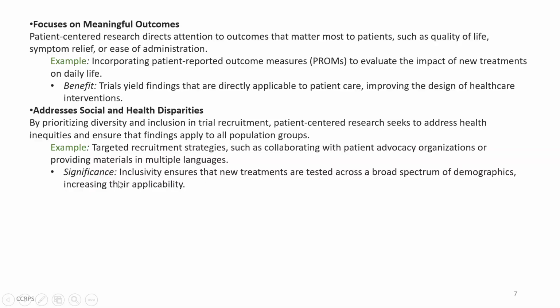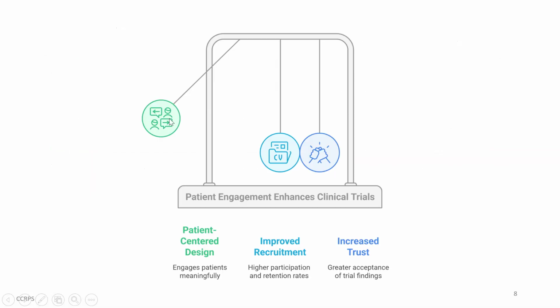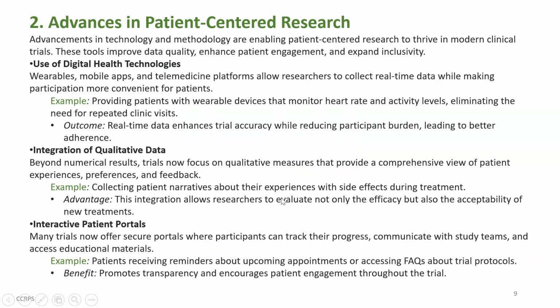Significance here: inclusivity ensures that new treatments are tested across a broad spectrum of demographics, increasing their applicability. And here is a diagram showing how patient engagement would enhance clinical trials, as we have patient-centered design, improved recruitment, increased trust.